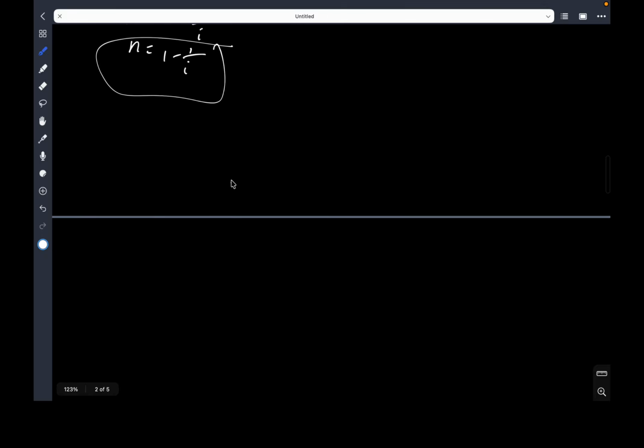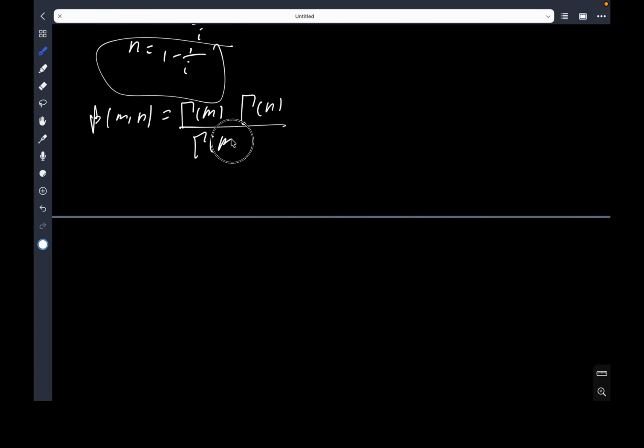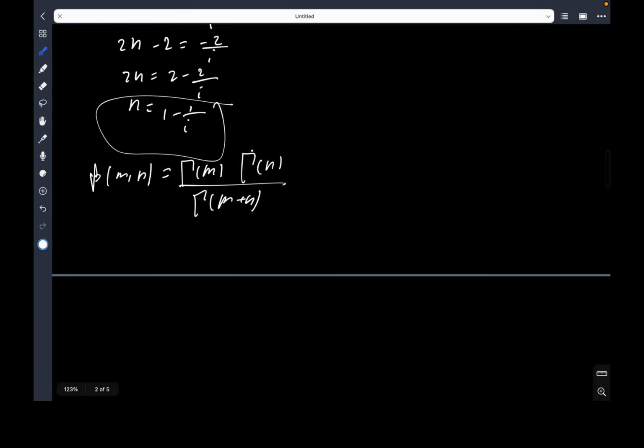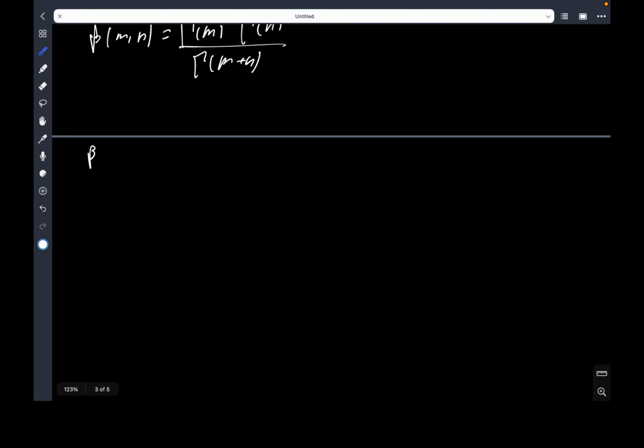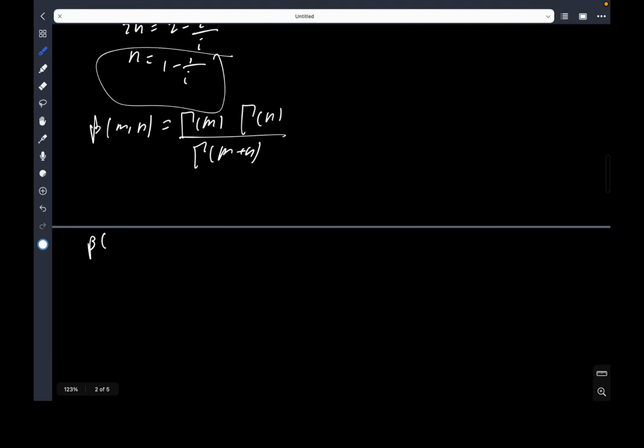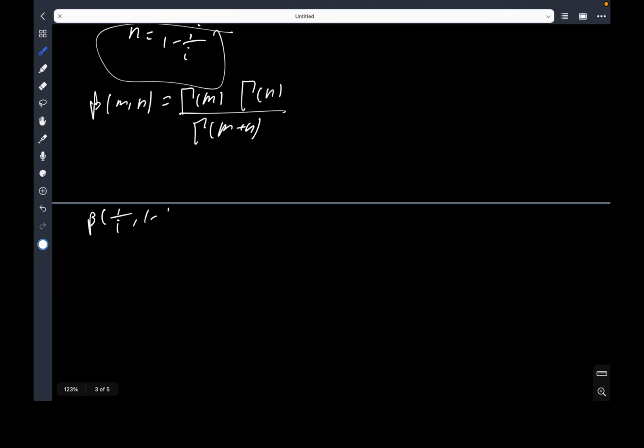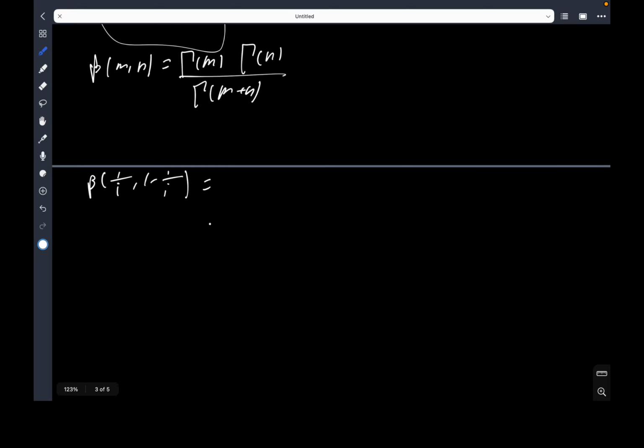Now, remember that the beta function of m and n is the same thing as gamma of m, gamma of n over gamma of m plus n. Now, if I write the beta function in terms of that, with m being 1 over i and n being 1 minus 1 over i, it is gamma of 1 over i, gamma of 1 minus 1 over i, over gamma of 1, which is 1.